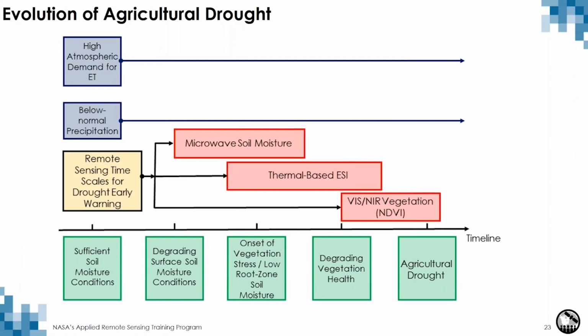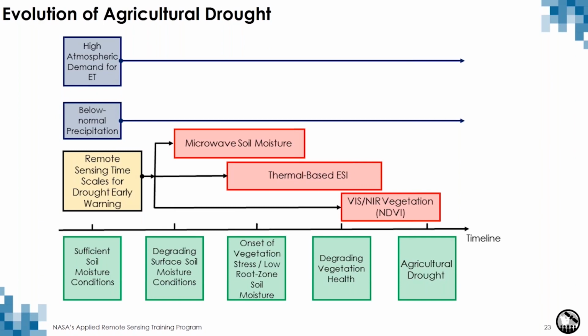This is how the atmosphere and some of the remote sensing timescales for drought early warning go hand in hand. As you see at the top, usually the precursors of drought are one or both of these two atmospheric drivers. High atmospheric demand: atmospheric demand is the thirst, all those controls we talked about before: temperature, wind, moisture.